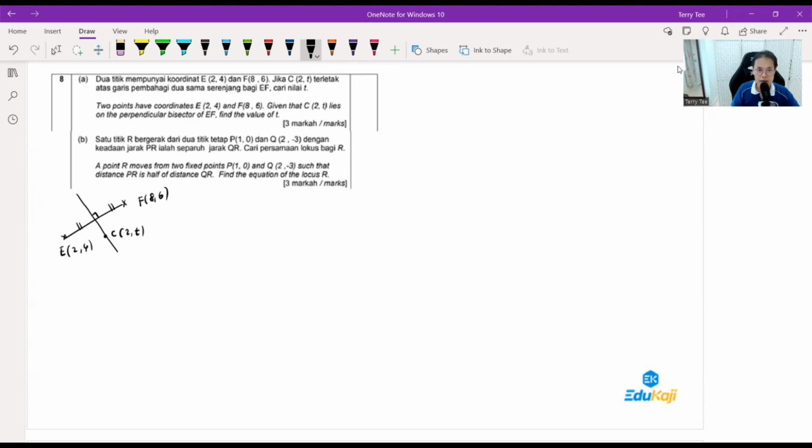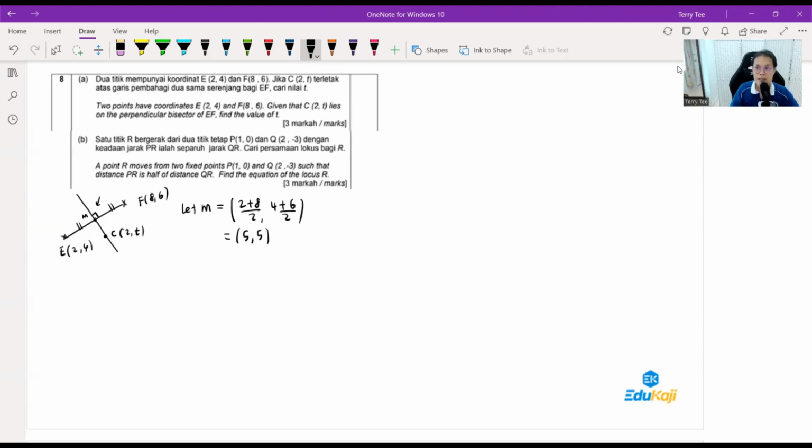So let M equal the midpoint of EF, which is (2 plus 8 over 2, 4 plus 6 over 2), and this gives us (5, 5). Yes, your M is (5, 5).